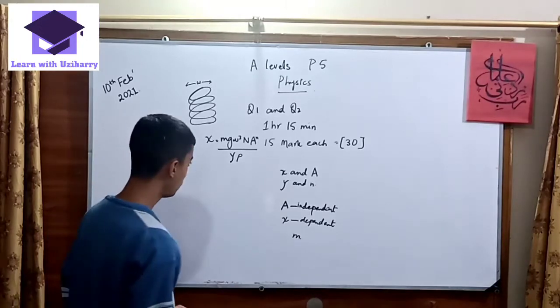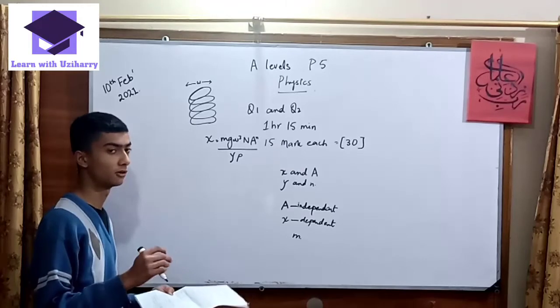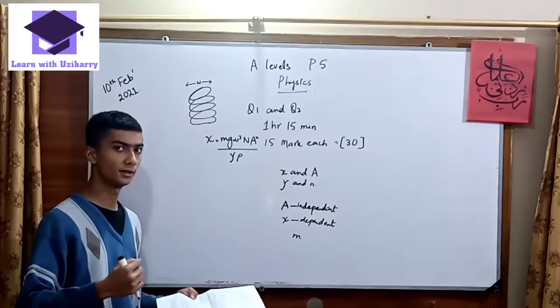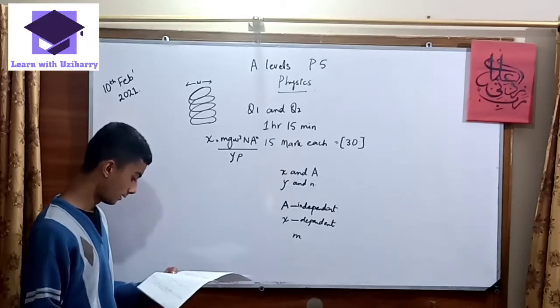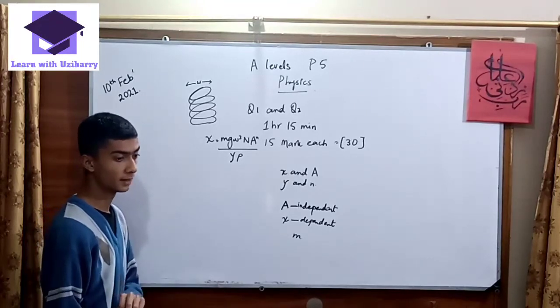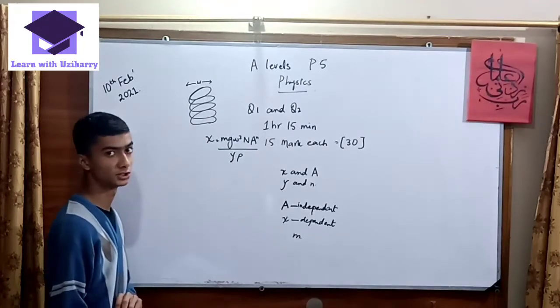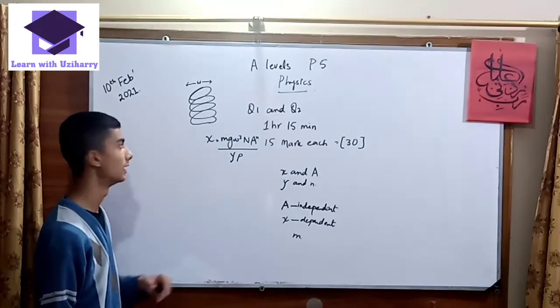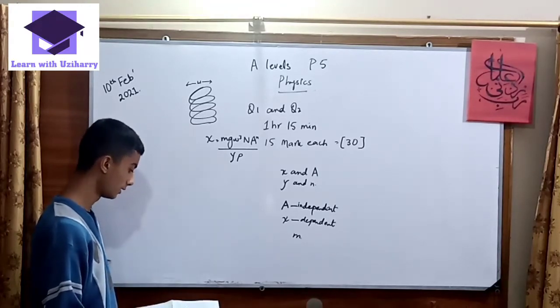We can use a clamp to hold the Newton meter with the load and extension. These are the questions raised: how to determine x, how to measure the cross section area, and how to measure the length of the metal wire.